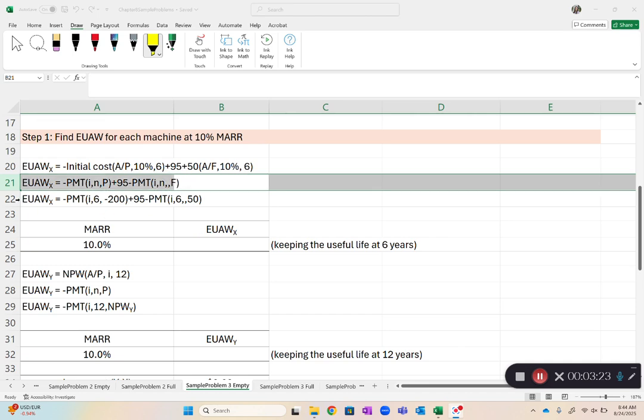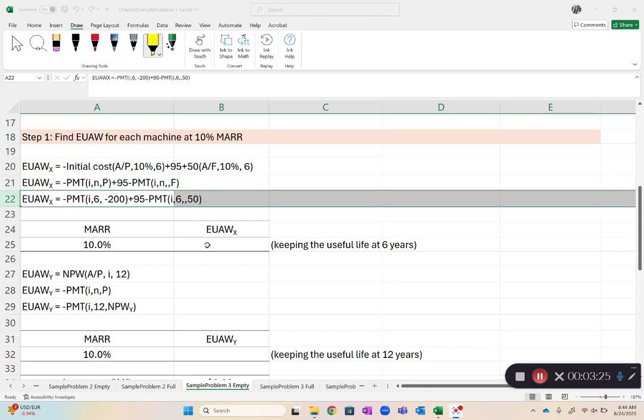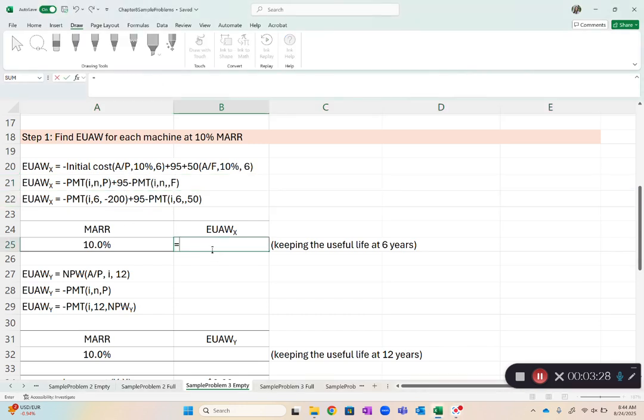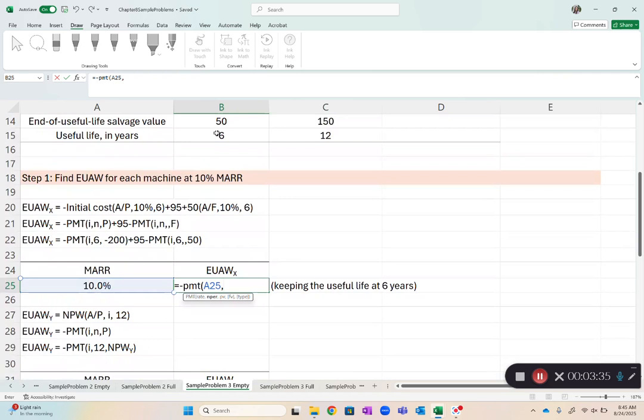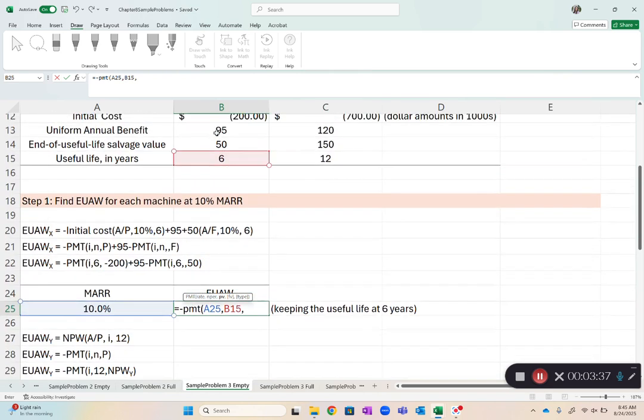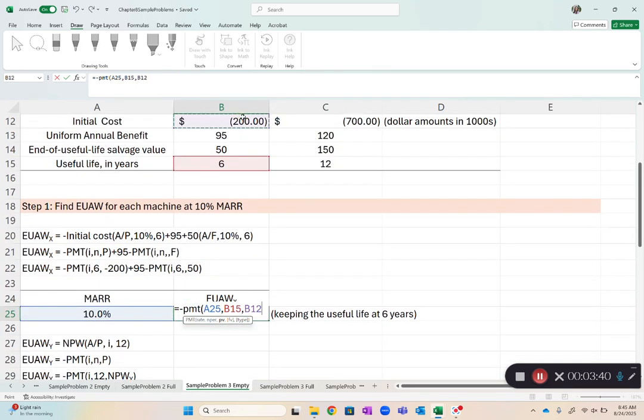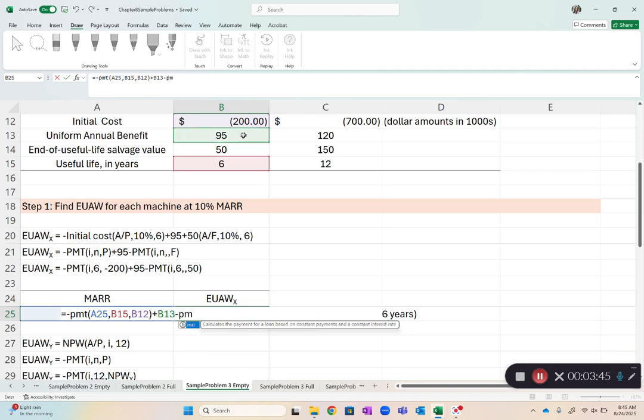Okay, so I'm going to now write out exactly what my calculation will look like. So this is negative PMT times my interest rate for 6 years, comma, and then negative $200, plus my uniform value, minus PMT times my interest rate for 6 years, empty field where the present worth would go, and then $50.